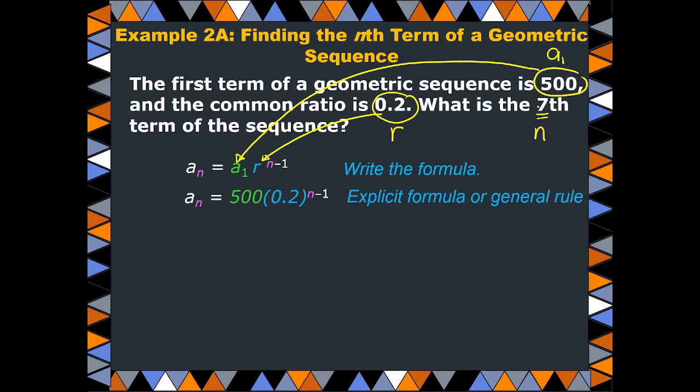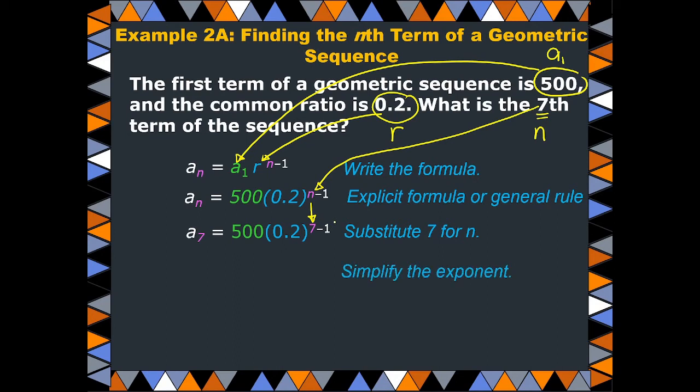So we will be substituting 7 over n. So this becomes, substitute 7 for n. There you go. N now becomes 7. Then you simplify the exponent. Just subtract these two. You will get 6 for that. And then, using your calculator, you start with this.